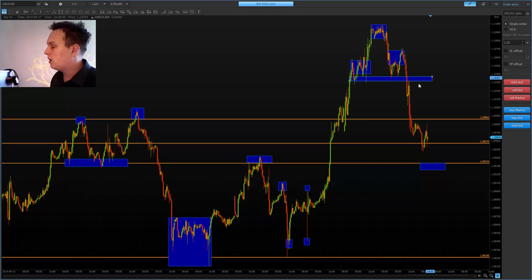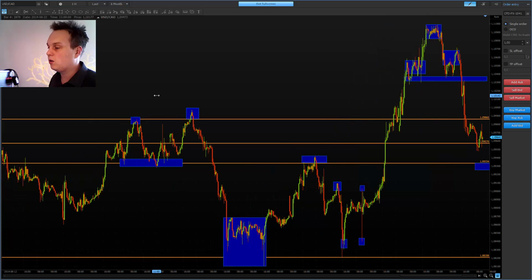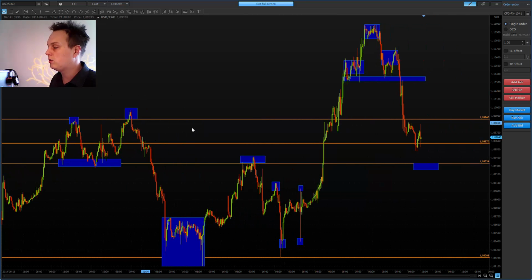So we don't sell supply zones in an uptrend, and we don't buy demand zones in a downtrend, because these levels tend to be broken. During an uptrend, resistance levels tend to be broken, because in general there are more buyers than sellers. That's why it's an uptrend.